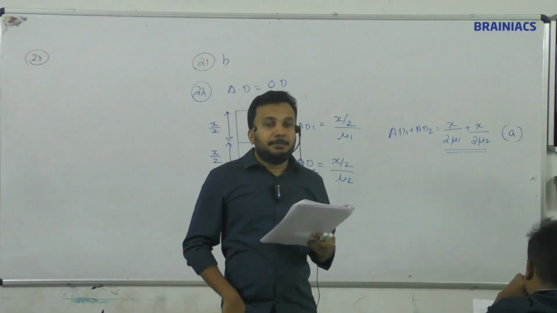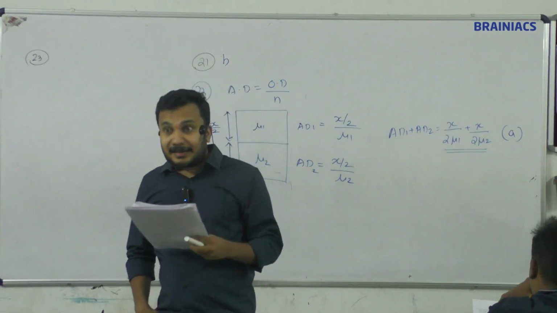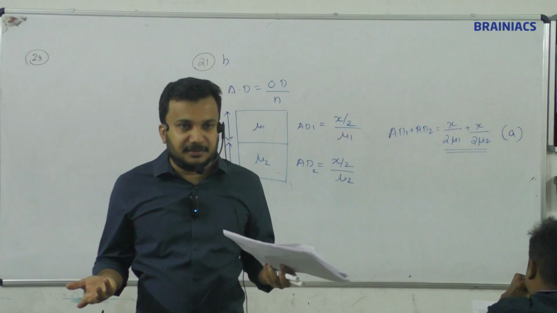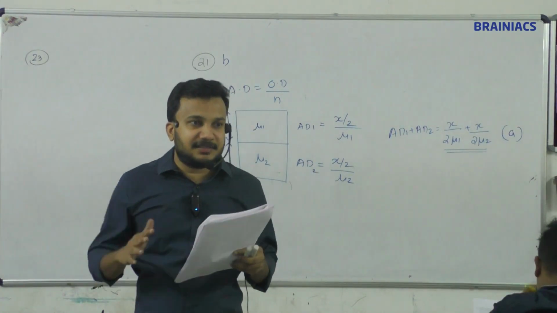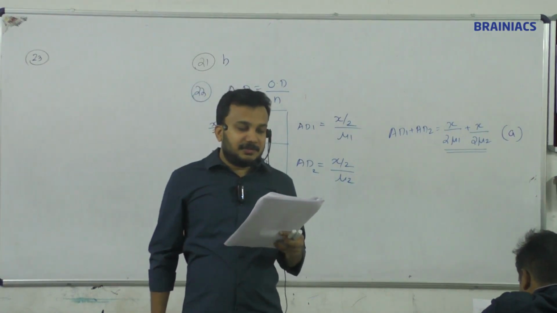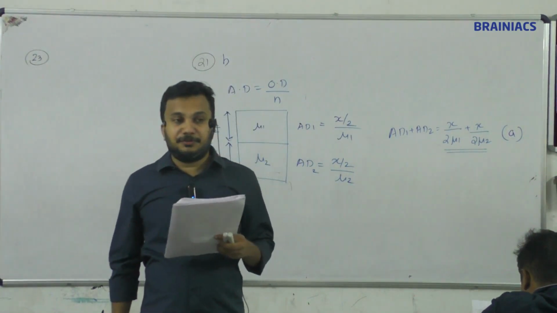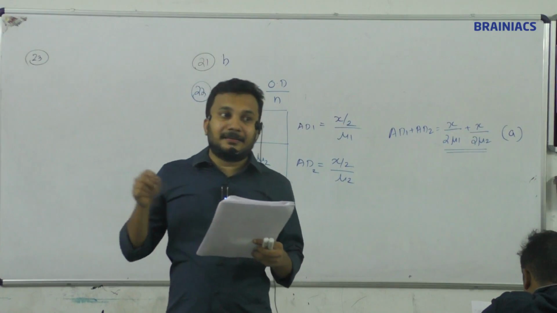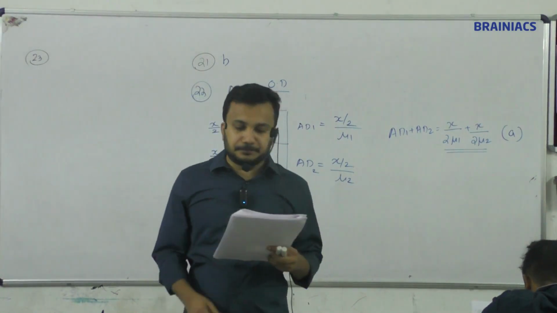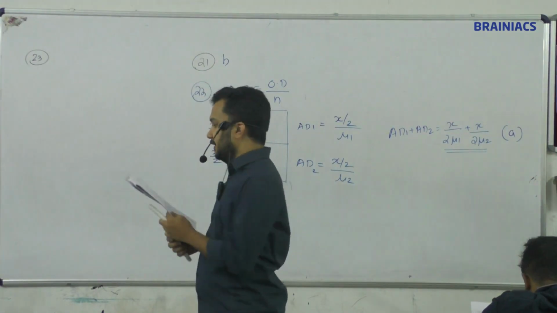So definitely B medium is the rarer medium. Rarer medium will have more speed, denser medium will have less speed. So write down in the notebook: light travels very fast in a rarer medium compared to a denser medium.